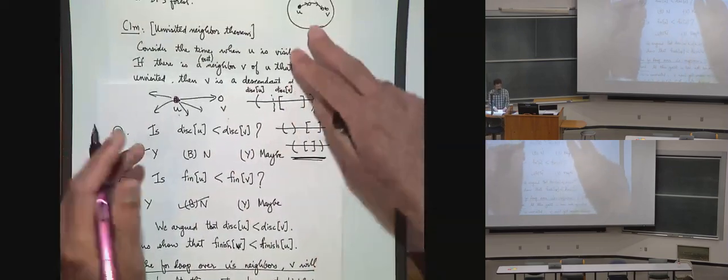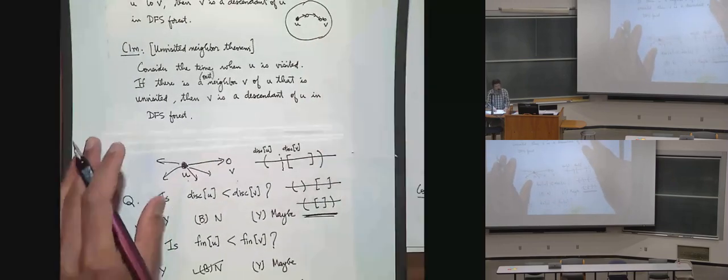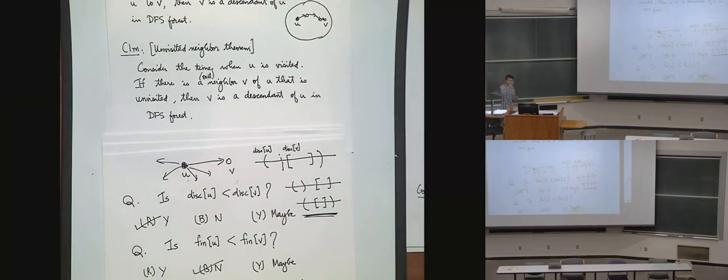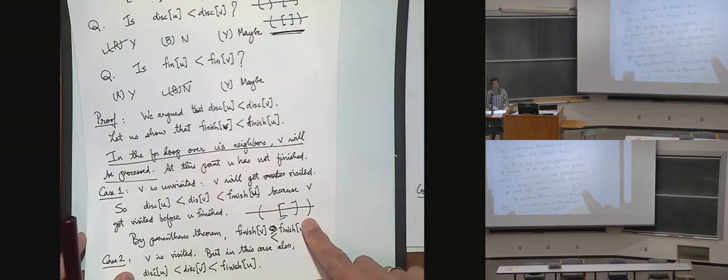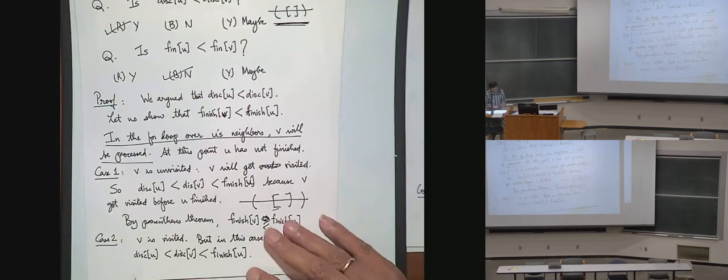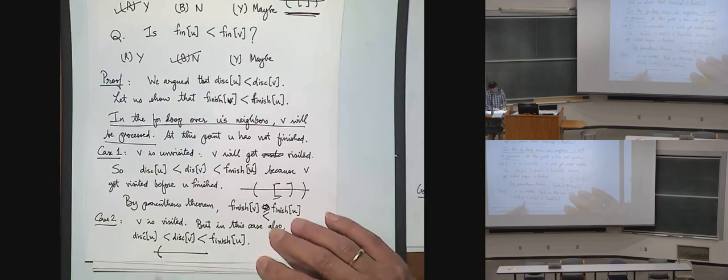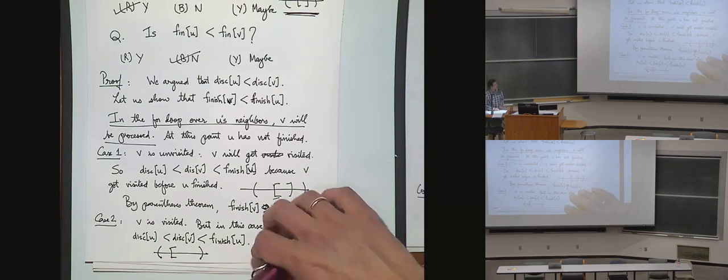This is by assumption. When U was visited, V was unvisited. Good, right? That's why I need that. But I'm just saying when you looked at U, it got visited at some point. You don't know exactly when, but you know it's in between those times. And so again, the picture looks like this. Right? So what this means is you have discovery of U, finish of U, and the discovery of V happens somewhere in between.